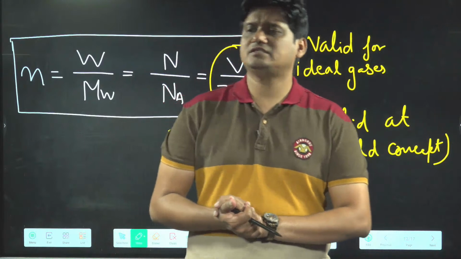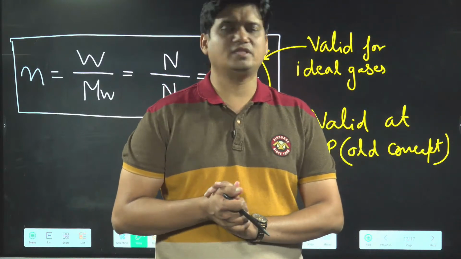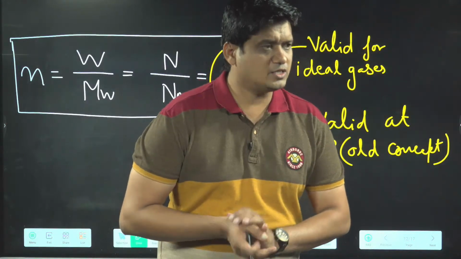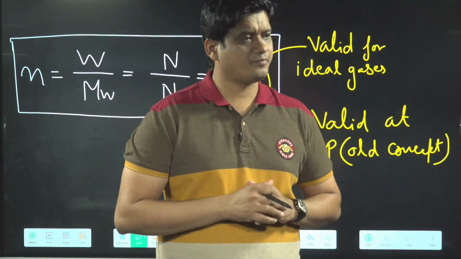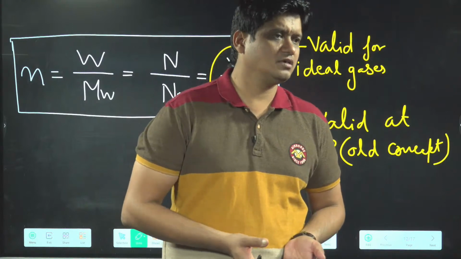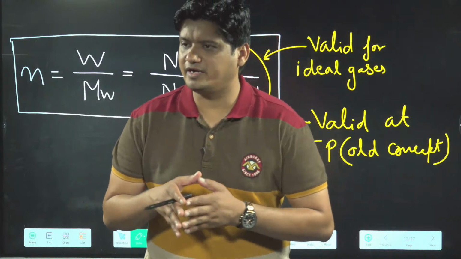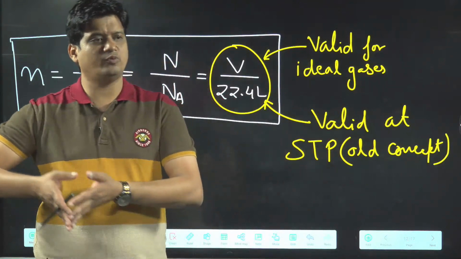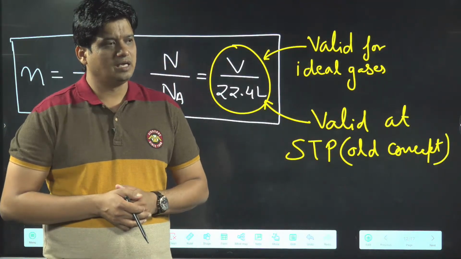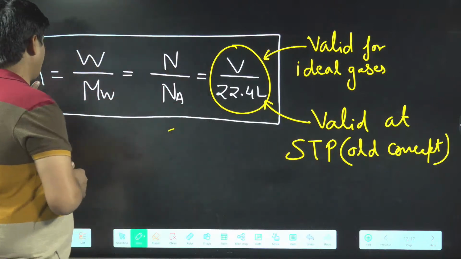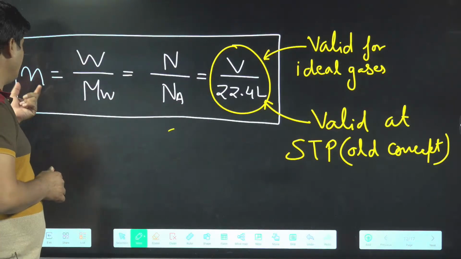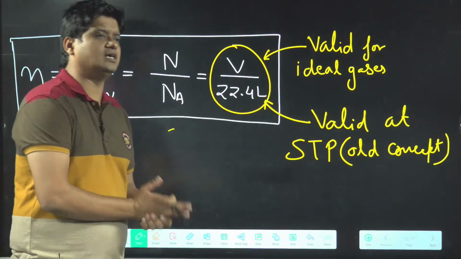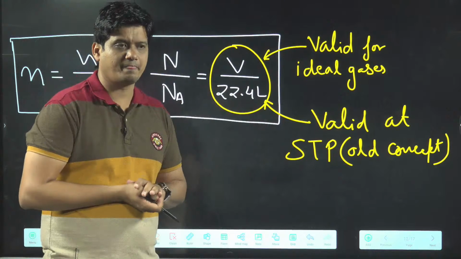One student is saying, sir, in the previous class, you told me that molar volume of ideal gas is 22.71 liter. I am still saying the same thing. Molar volume of ideal gas or mixture of ideal gas at STP is 22.71. But in the numerical, when they solve the problem of mole, they are still using the old concept, 22.4.